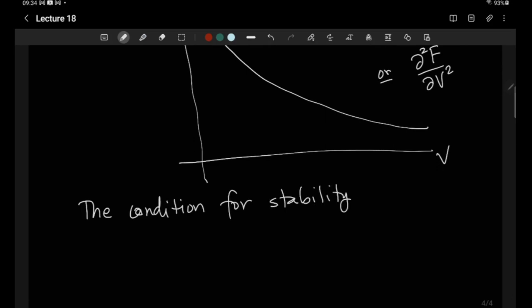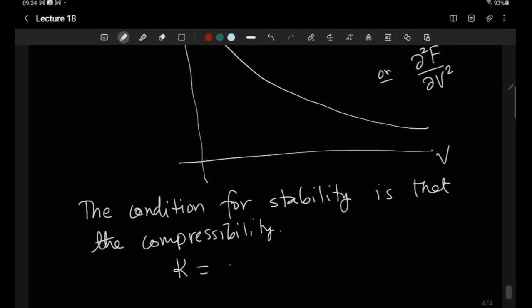It is some sign for the second derivative: the compressibility, which is defined by kappa equals minus 1 over V dP by dV, I think. One second, let me look up the definition. I am not very good at some of these things.